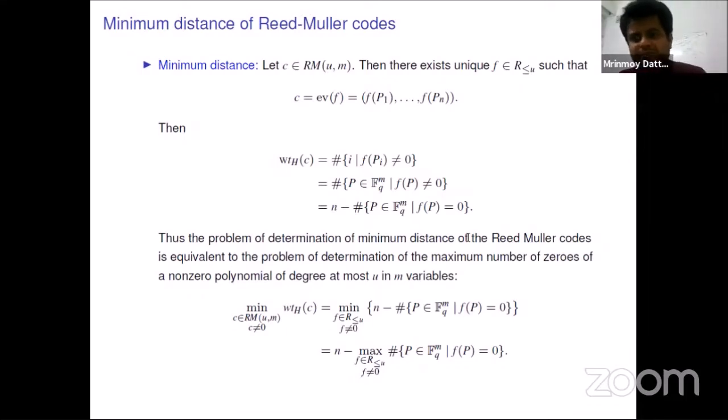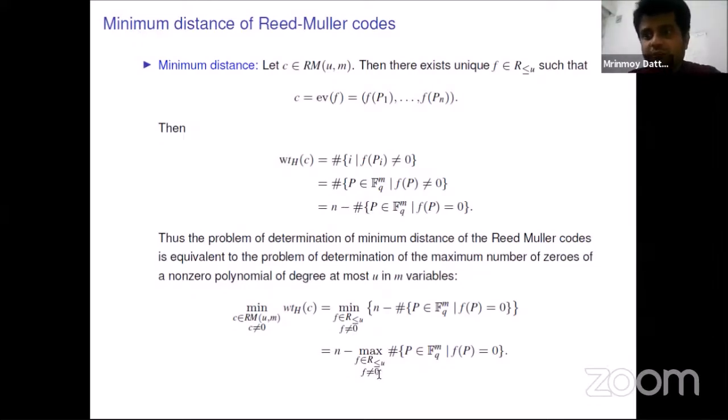But here, since our field is finite, Fq to the power n itself is a finite set, and as a consequence every polynomial will have only a finite number of zeros. So then can we compute this maximum?